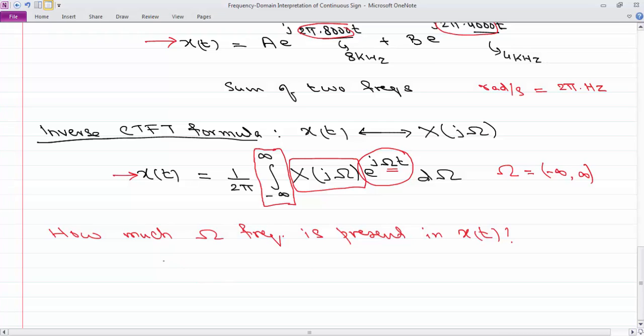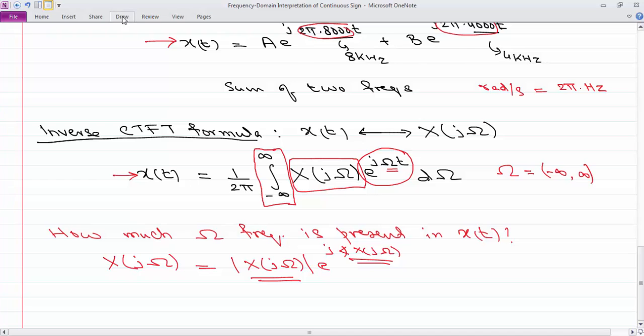To find that out, we have to look at x of j omega. So x of j omega can be written as magnitude and phase. So this is the magnitude of that frequency and this is the phase of that frequency.